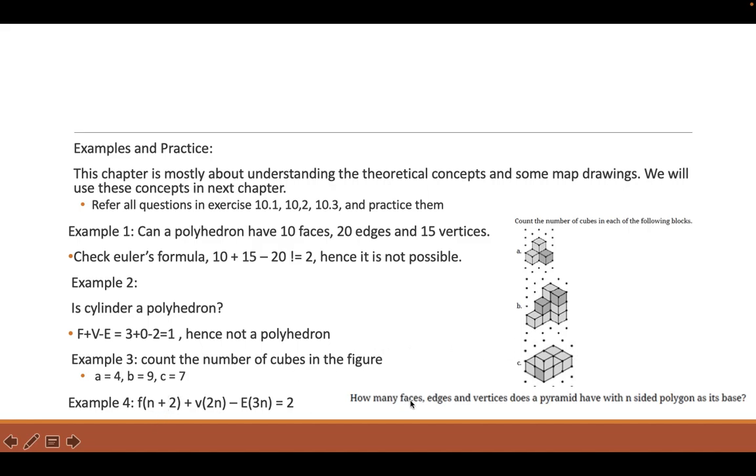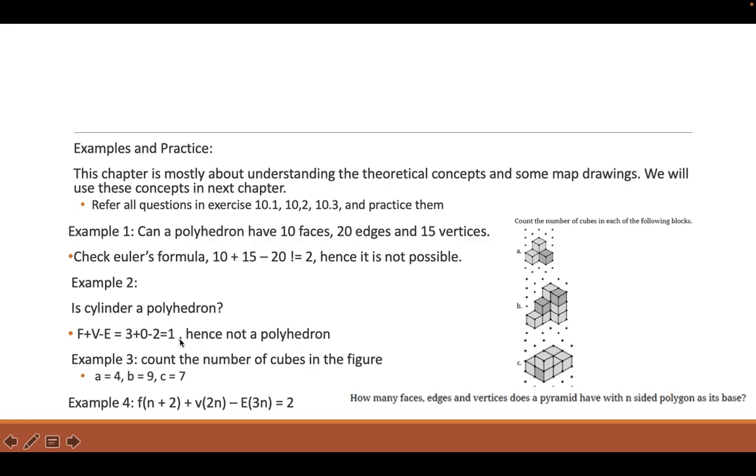Next one: how many faces, edges, and vertices does a pyramid have with an n-sided polygon as its base? The base polygon has n sides, so that gives how many faces? n plus 2.